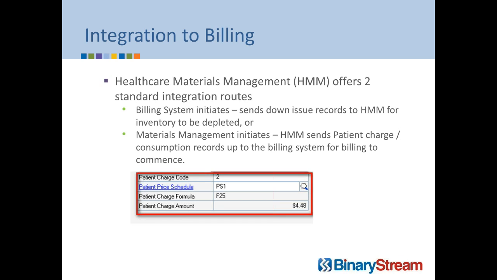In this case, we're now synchronizing different information from different systems. So Binary Stream has what we call console functionality, which allows us to create those files in a very quick way and be able to put information in a certain place, grab that information back from the billing system, or push information to a place where the billing system can grab it.